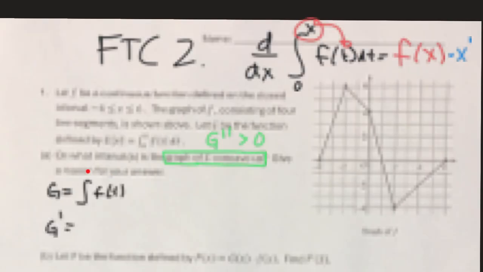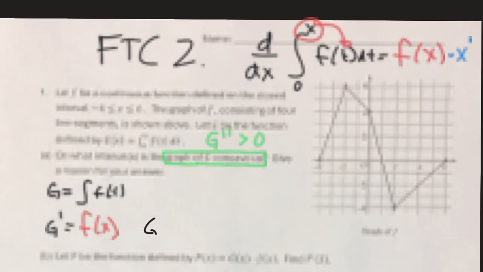Right, g prime is the derivative of an integral. So g prime is f of x. Right, and that's what our second fundamental theorem says up here. If we're taking the derivative of an integral from 0 to x, or from a to x, the derivative of that integral is the function evaluated at x. So this is our fundamental theorem number 2.